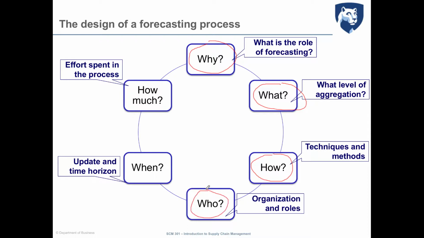So who is responsible for doing that, so organization and roles. How often this needs to be made, so the time horizon of demand management, and how much, meaning how important it is, and how much time, how much effort the person involved in this process should put in executing this task.